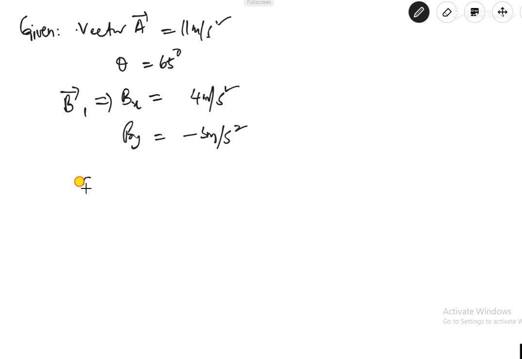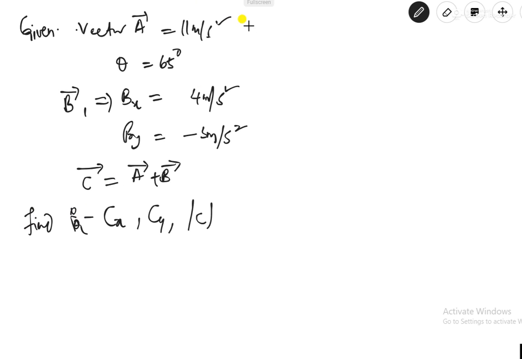Vector C is the resultant, which is A plus B. So we have to find the components Cx and Cy and the magnitude of C.